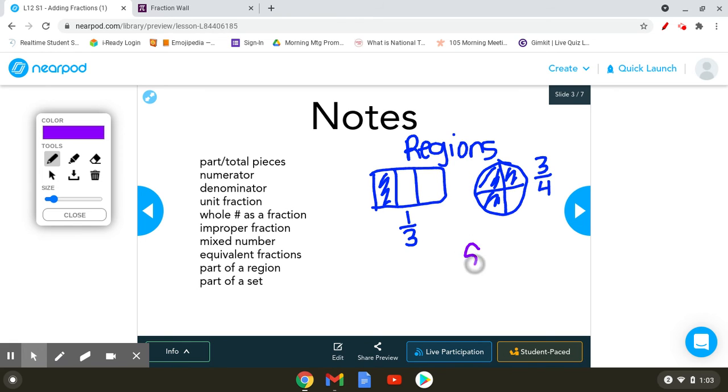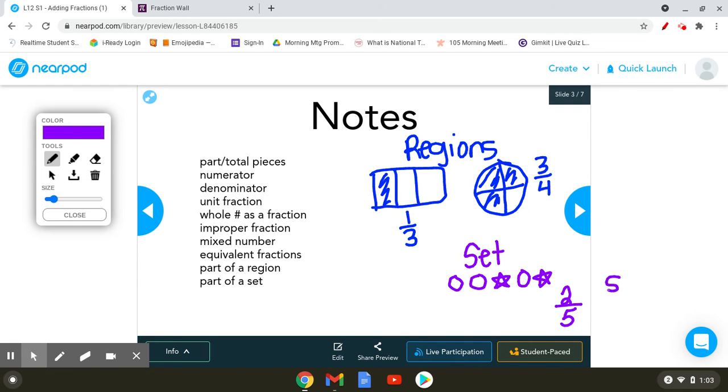A set is when, let's say I have a circle, a circle, a star, a circle, and a star. And I want to know what fraction of my images are stars. Well, in this case, I would say I have 2 stars out of 5 shapes.